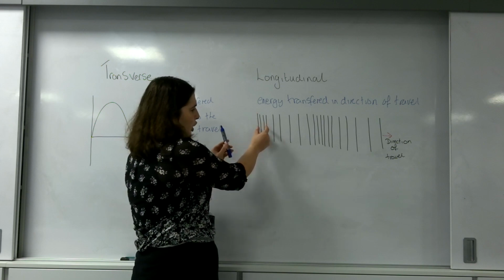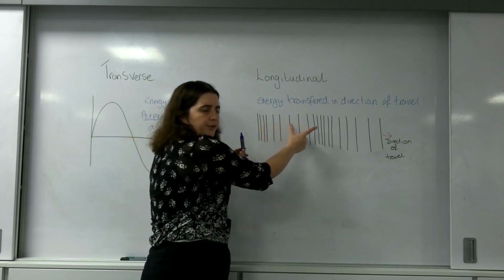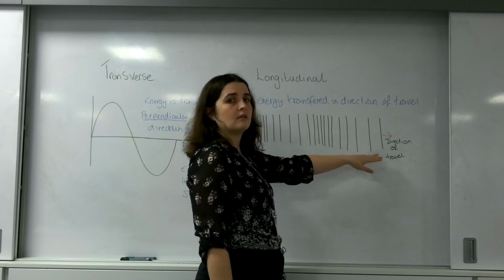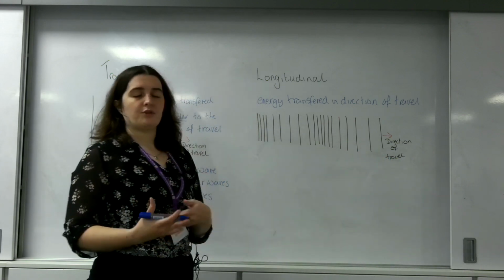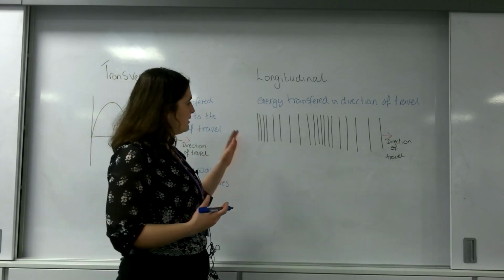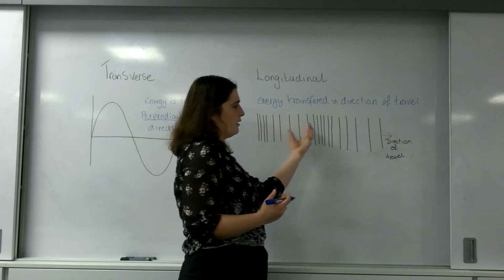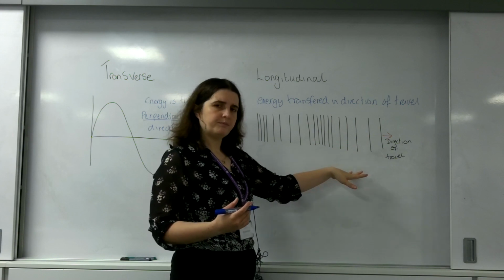They are moving closer together or further apart, but this is in the direction of travel. That is a key defining feature of a longitudinal wave, that they will move together and further apart in the direction of travel.